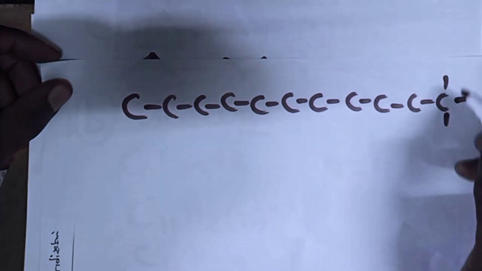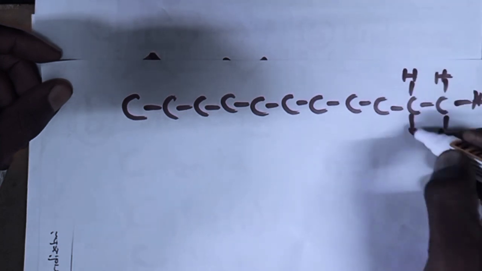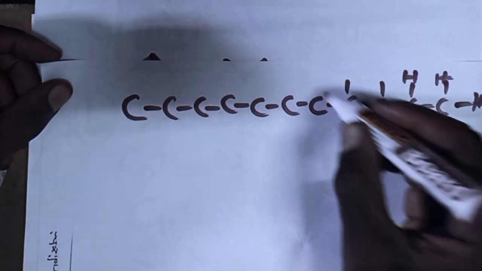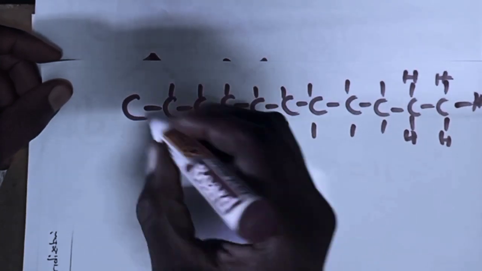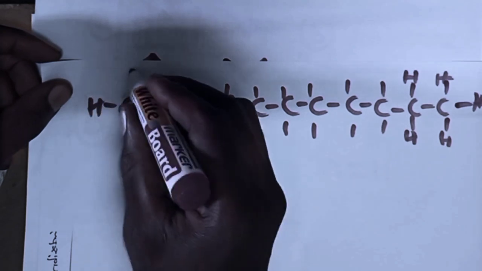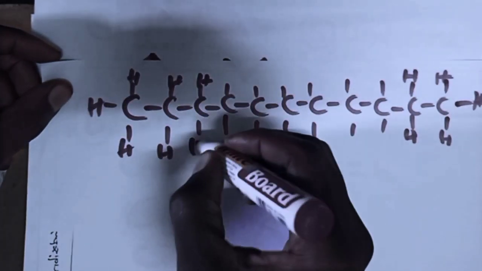Then you start putting hydrogen, you write it properly, then you distribute the hydrogens. And if you count the hydrogens that are there, they should be 24.